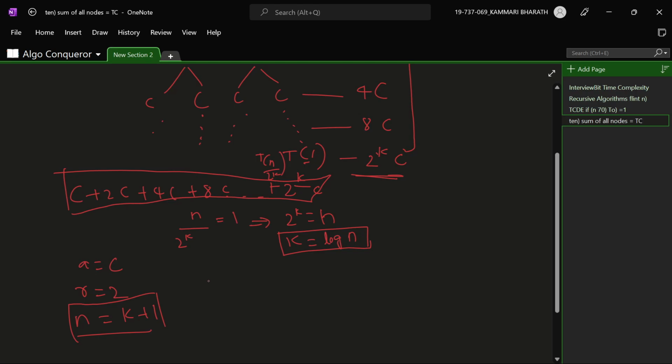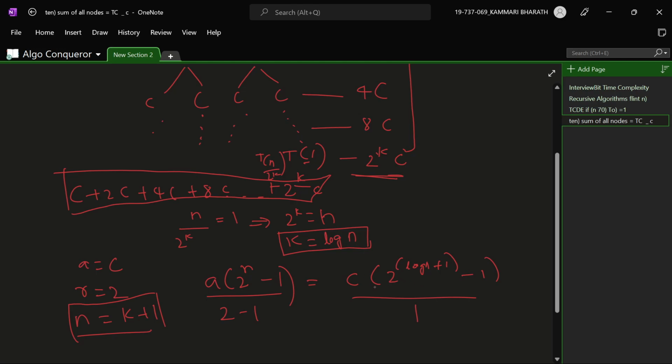So how will you solve it? Sum of GP formula, when r is greater than 1, is a into r power n minus 1 by r minus 1, which will give us C into 2 power, where n is k plus 1, k is log n, plus 1, minus 1 by 2 minus 1, which is 1.